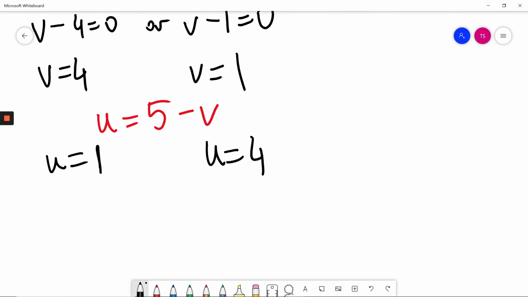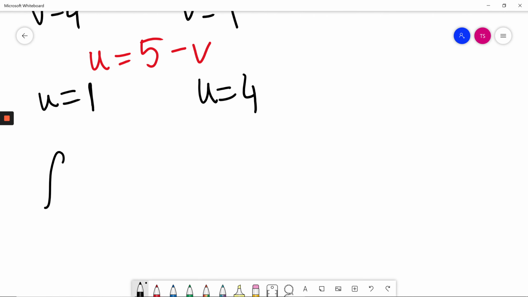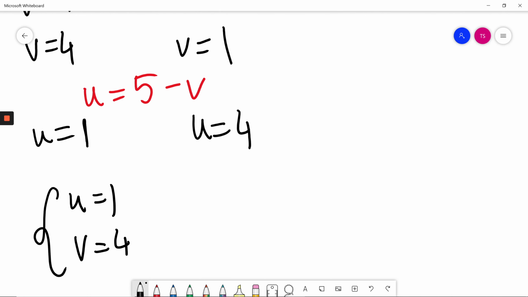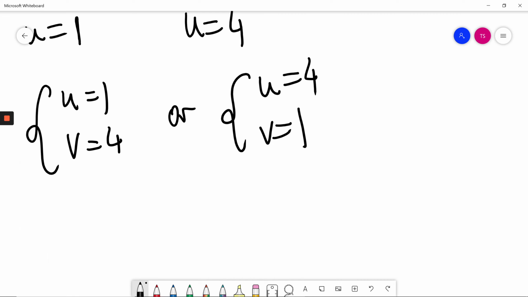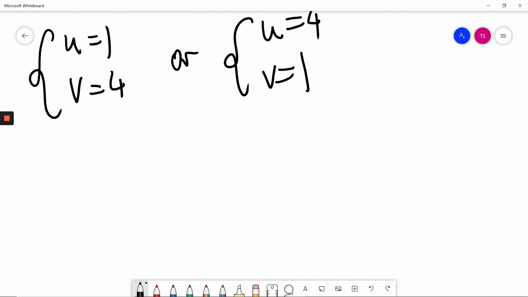So the answers in u and v will be u is 1 and v is 4, or u is 4 and v is 1. But I need to solve the system of equations in x and y. So I will quickly solve when u is 1 and v is 4.